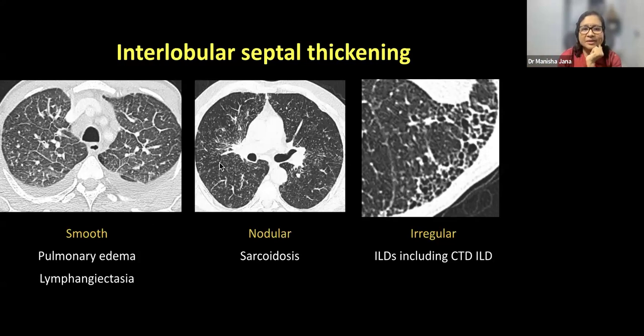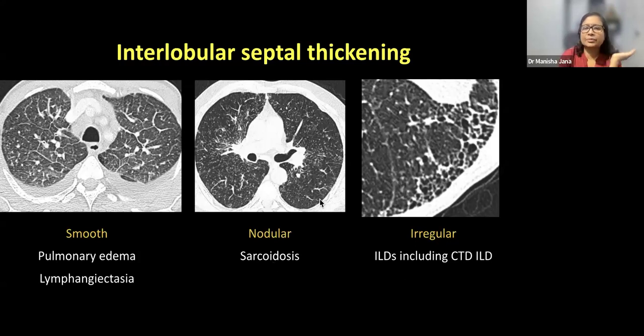If the septal thickening is not in the shape of this polygon type, rather it is along the bronchus and the bronchovascular bundle in the axial interstitium, and it is kind of nodular, very much not smooth, this kind of feature is seen in cases of sarcoidosis in children.